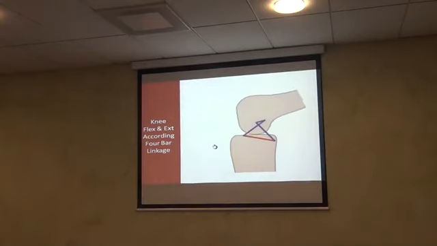This is the image of how the ligaments work during the flexion and extension. In the extension, the proximal insertion of the posterior cruciate ligament is behind the anterior insertion.